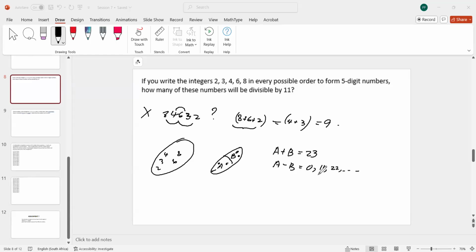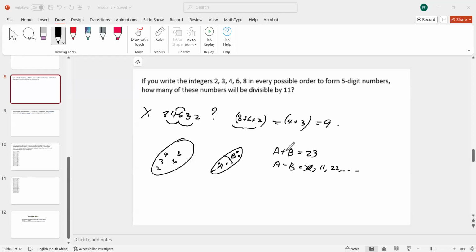Now we don't know which of these is right, but remember A is a sum of three numbers, so it's a small number, and B is also a small number. It can't be 0, because A minus B equals 0 means that A is equal to B, which means that this number here is twice A, and this is an odd number, so it can't be.